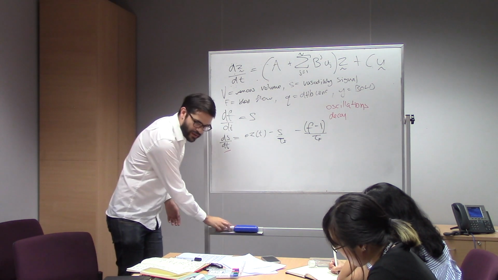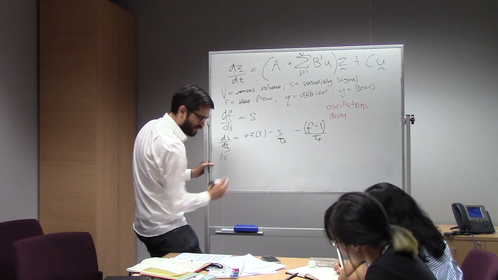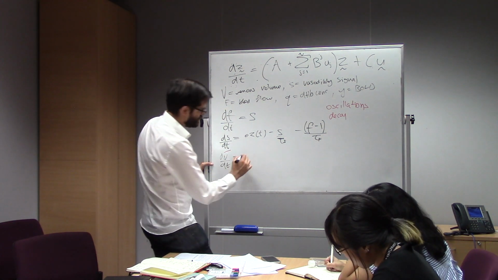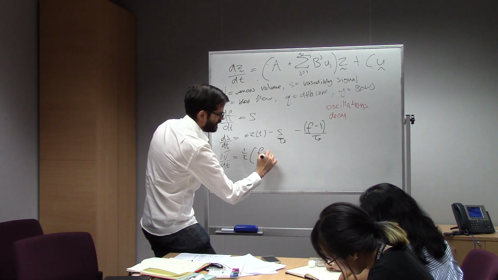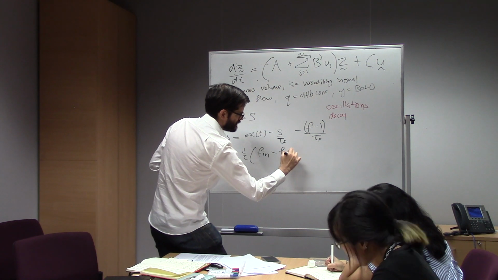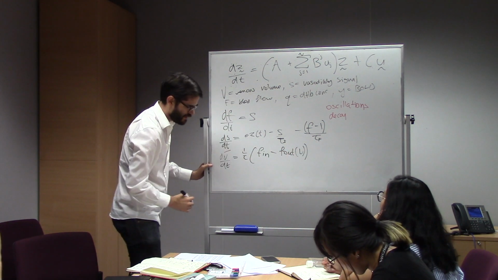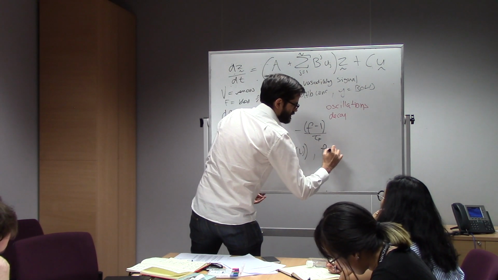The next terms, I'm going to write out for clarity. This is gone now too. Of course, 1 on tau, F in minus F out, and F out.